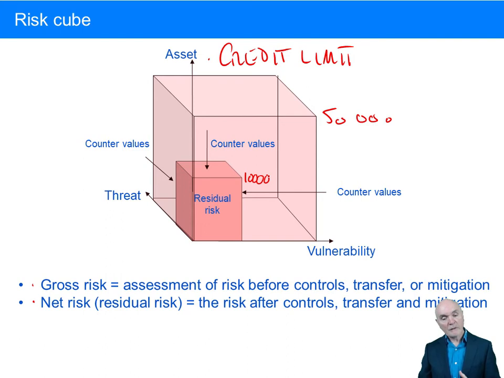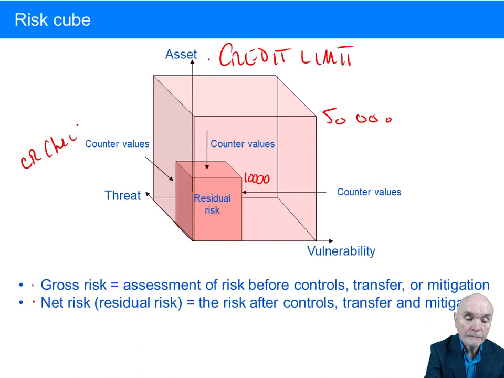And then you say, well, what about the probability or the threat that this person will actually fail, will actually go into liquidation? What we can do here is reduce the probability that a customer goes into liquidation by not taking on that customer until you do a credit check. So you go through court records and find, has this person ever failed on a debt before? You can look at their financial statements.